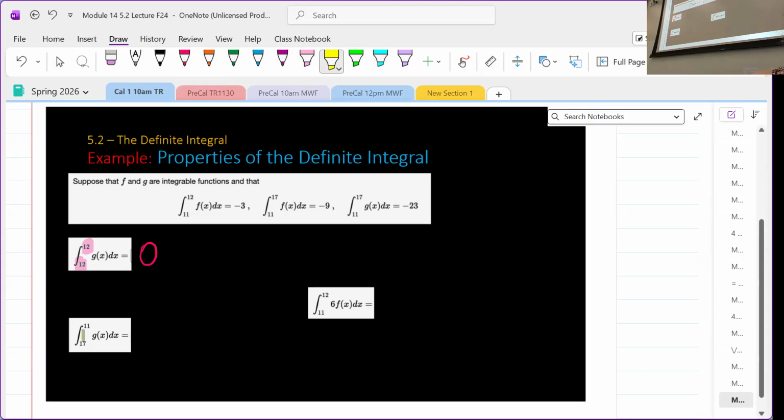All right, so now my next one is going kind of backwards, 17 to 11. And then my function is g of x. So I look up here, well, here's my g of x. But my bounds there are from 11 to 17. Like the order is backwards, so I can use my bound flipping rule.